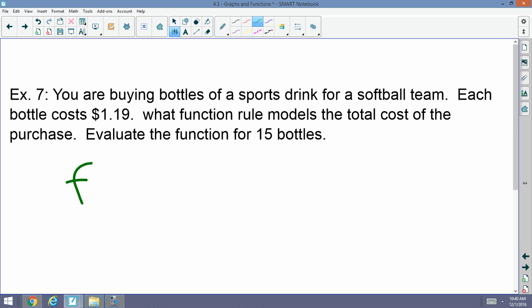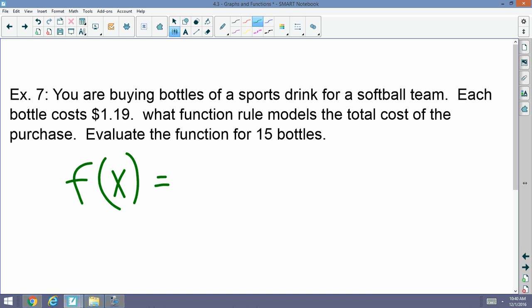Okay, f of x, where f stands for what? No, f stands for what? That's just the name of the function. Who's the independent variable here? Guys, you're answering 7 steps ahead. Listen to the questions. What does this f represent? Just the name of the function.